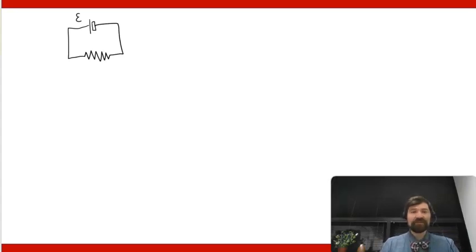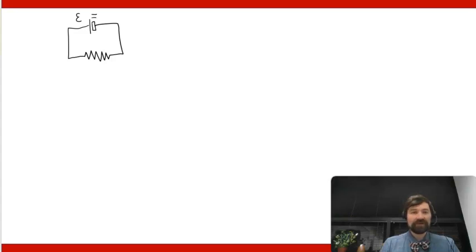So basically, our DC source we often just represent as a simple battery. We connect it across the resistor, and so we have a battery with some EMF.